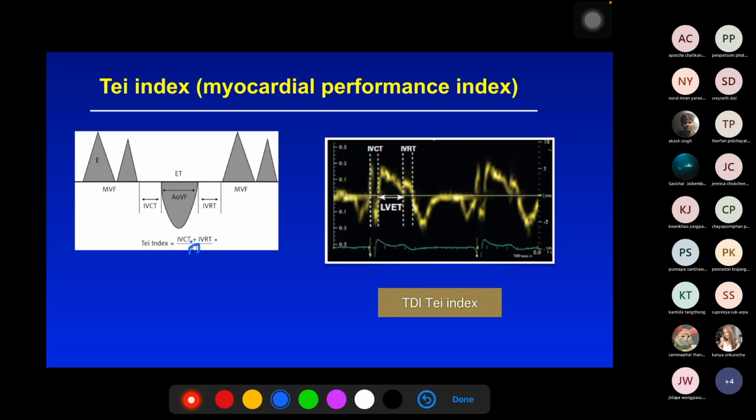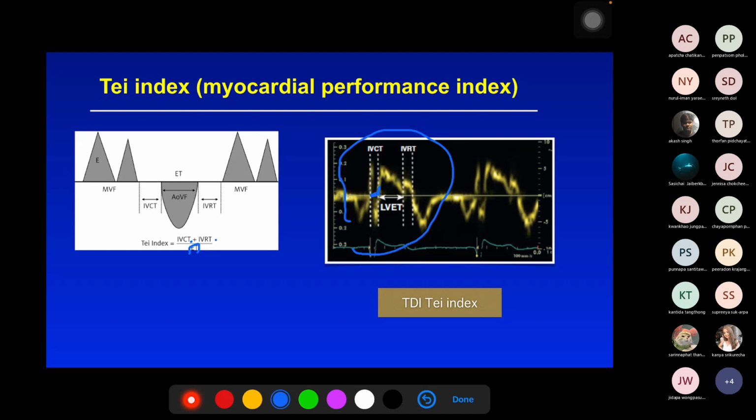And how to measure it? You see this picture here. IVCT starts from the end of the A prime velocity and ends before the initial of the S prime. This is the IVCT.